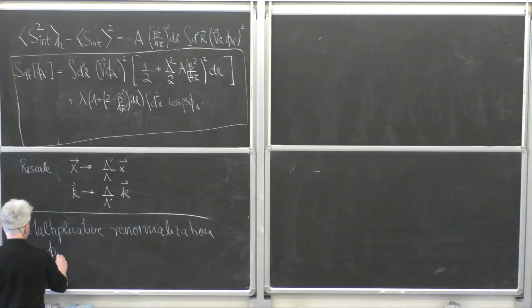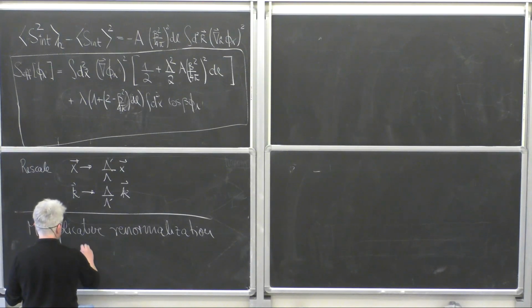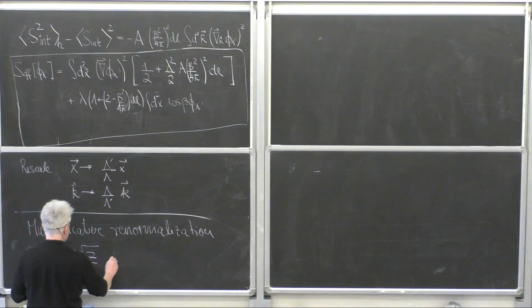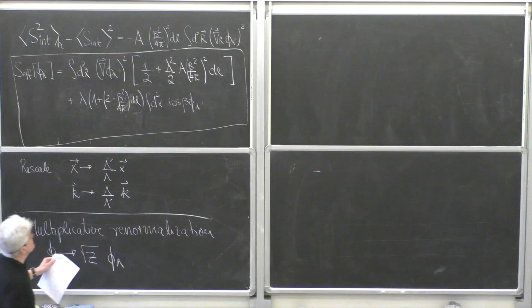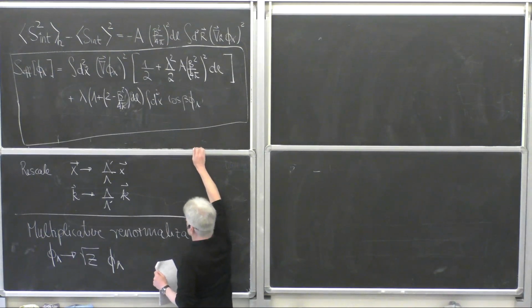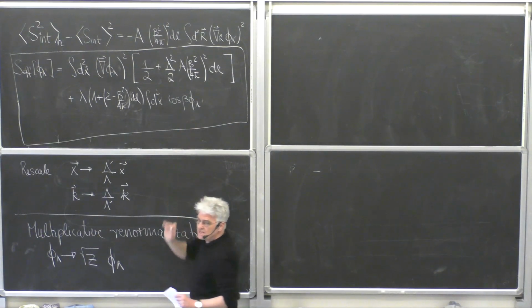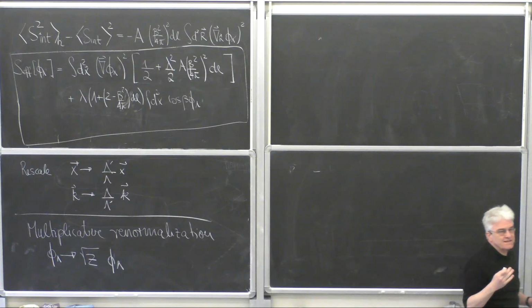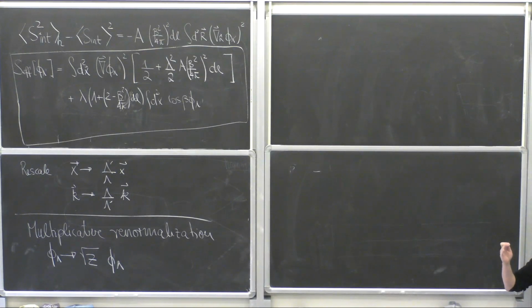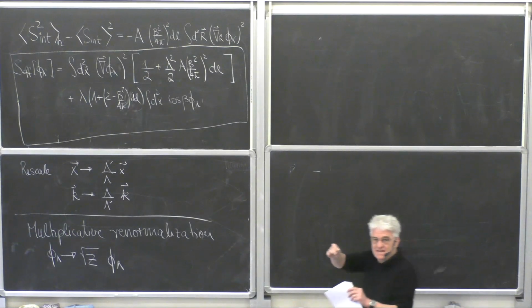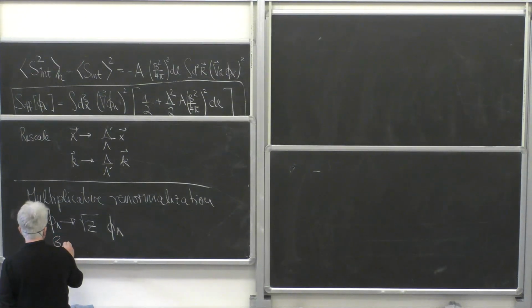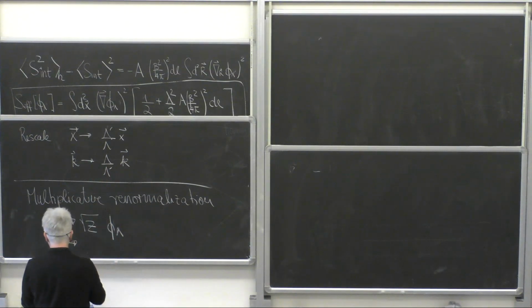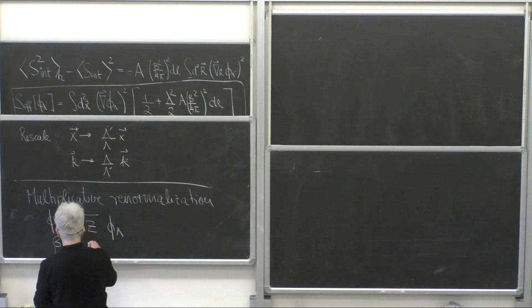So phi lambda has to go to, I introduce the z factor, square root of z times phi lambda. And once I do that, I see here in the cosine term, I also have to multiplicatively renormalize beta in order to compensate the field renormalization. So in order to get the correct cosine term, I have to renormalize beta like 1 over square root of z times beta.